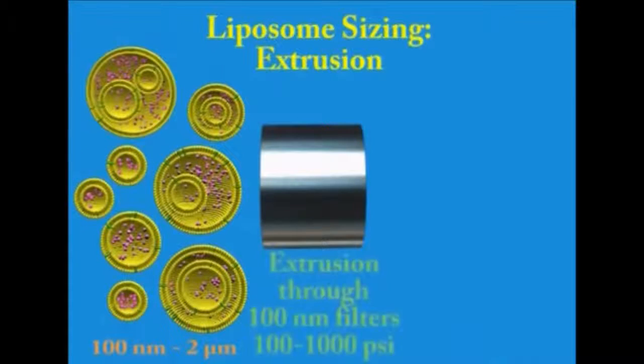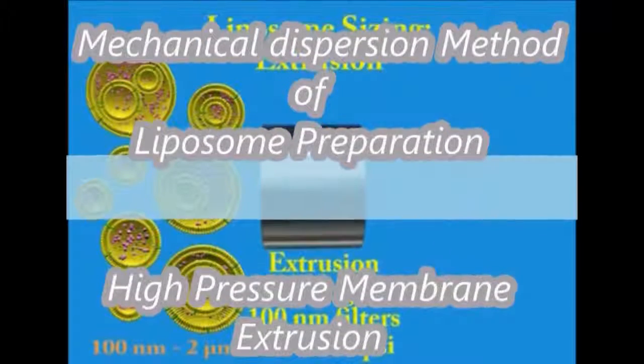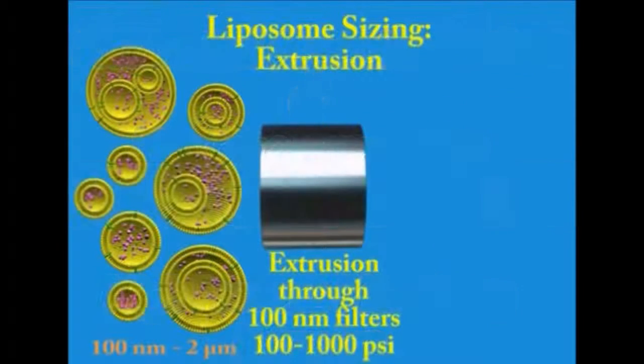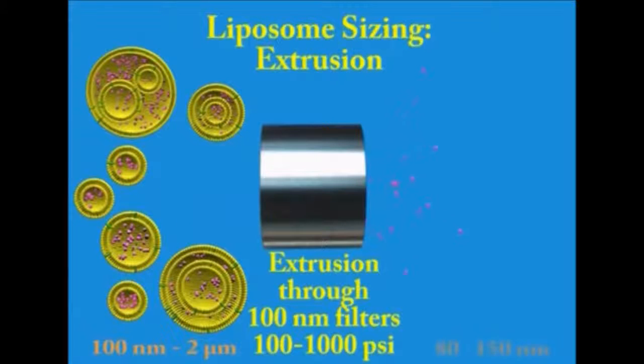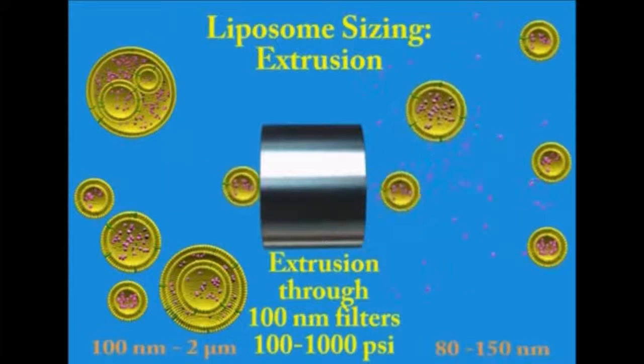The only method which can produce a definable unimodal distribution of liposomes in a 100 micrometer range is high-pressure membrane extrusion through membrane filters of a fixed pore size. The stainless steel device, which supports the filters used for extrusion, withstands internal pressure in excess of 1000 psi.